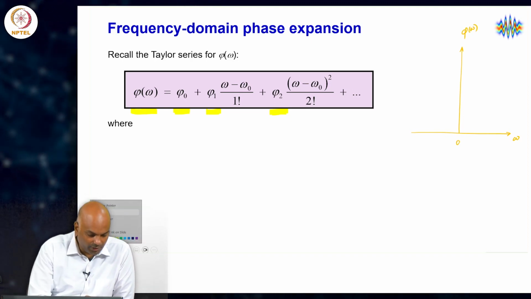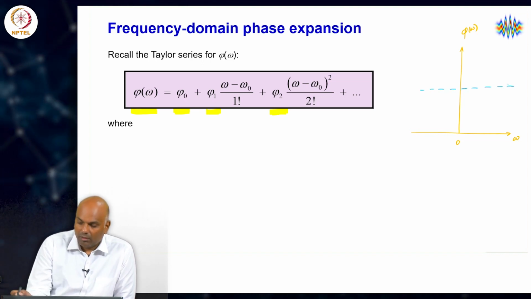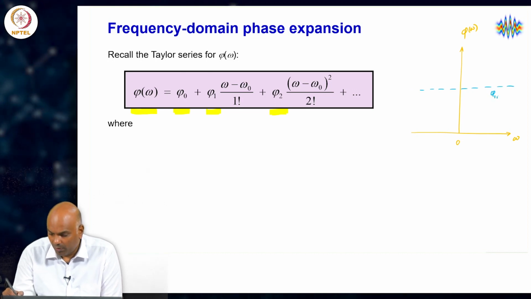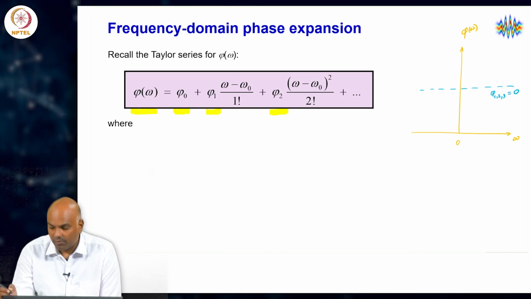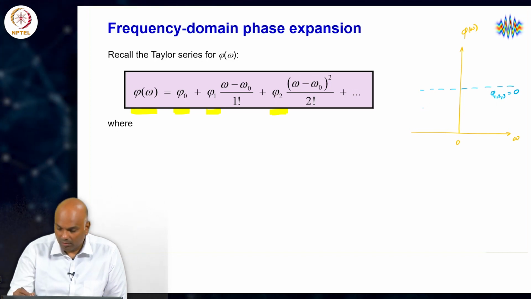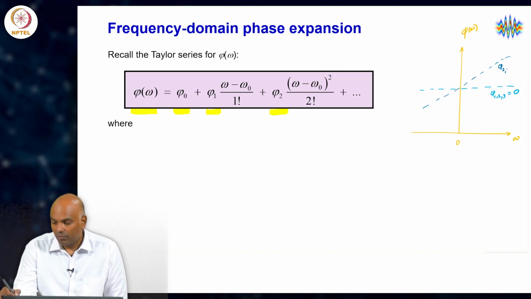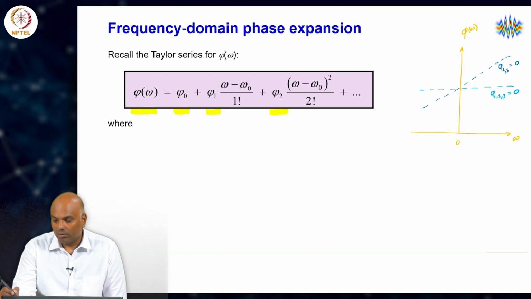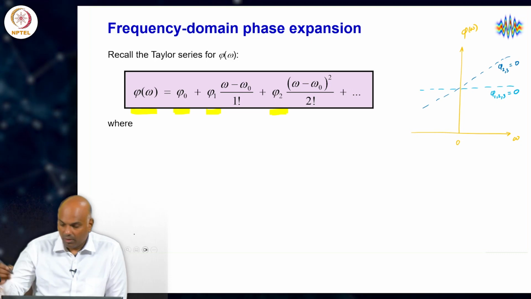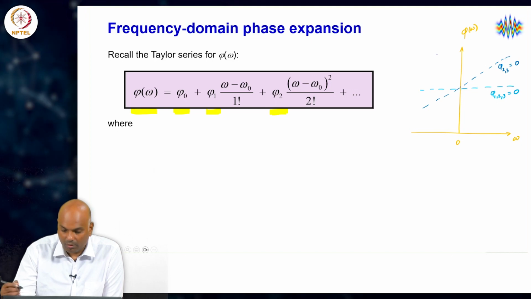We have considered the following types of pulses. One where we have just phi 1, phi 2 and the higher order terms being 0. Then we considered a second type where this varies linearly, phi 2, 3 and so on becomes 0. And in the third case, what am I plotting?